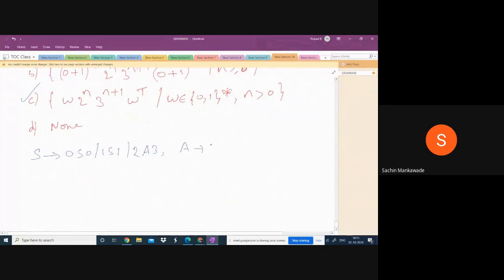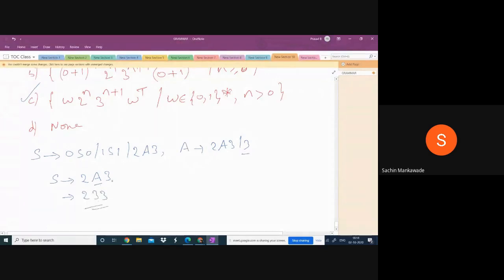A's productions are 2A3 and 3. First we will go for 2A3, because in 0S0 and 1S1, S is there again. So I'm going for 2A3, and in A's place, if I substitute 3, then this is the smallest string.